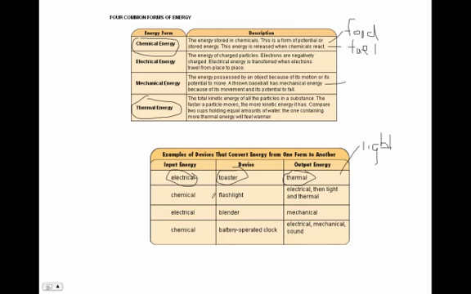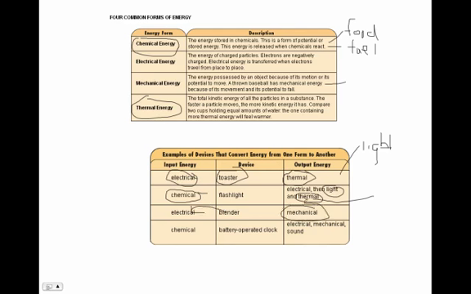Flashlight, a battery-powered one. Its input is chemical because of the batteries. Its output is, of course, electrical and then light. However, light would be the intended output. Whenever light is given off, of course, an unintended output is heat or thermal. How about a blender? A blender input, electrical.